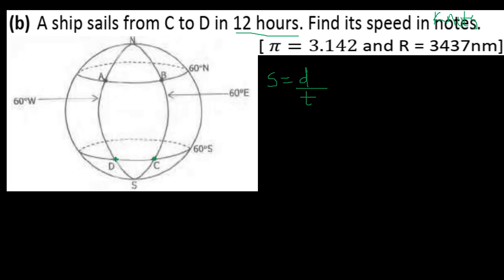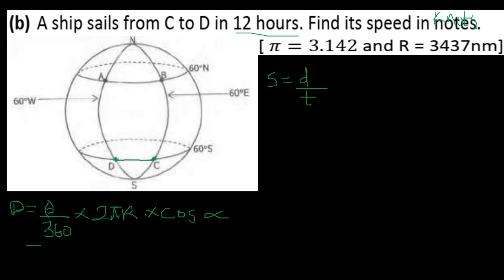Here we are supposed to find the distance which this ship sailed from point C to point D. Remember, this is distance along a latitude, so we simply use the formula distance is equal to theta over 360 multiplied by 2 pi r multiplied by cos alpha, because this is distance along a latitude line.